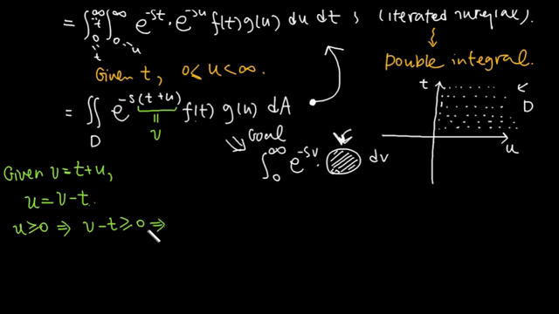So that makes t less than or equal to v. That's what we talked about here. t cannot exceed v, so that u can remain a positive number. But t was originally starting from 0, so altogether we have a condition that t is varying between 0 and v.